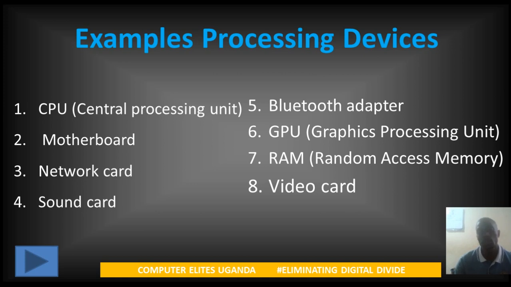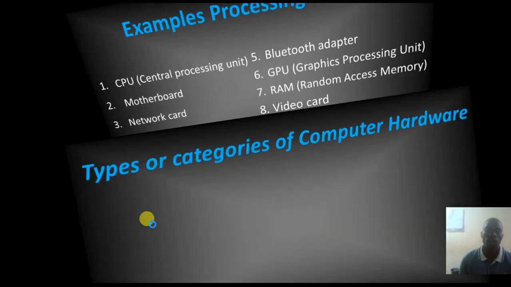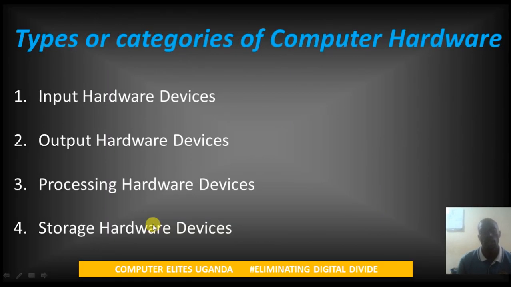Then lastly, we have the video card, where we connect our video cable, the cable that connects to the monitor. Those are some of the categories of our computer hardware, and we have identified the input devices, the output devices, the processing devices, and the storage hardware devices.